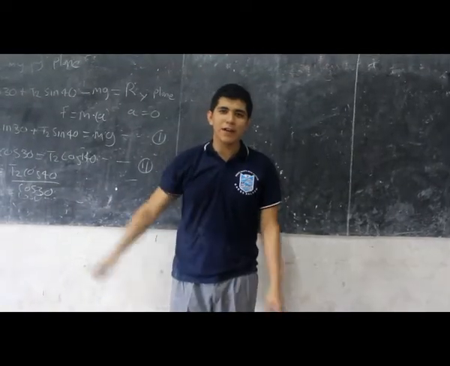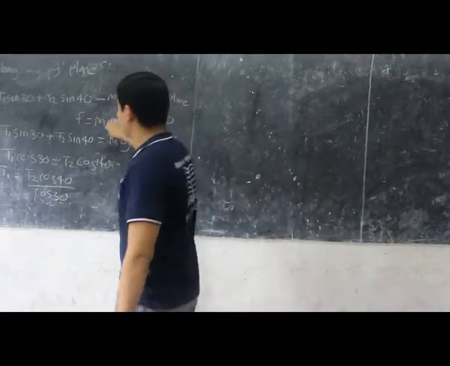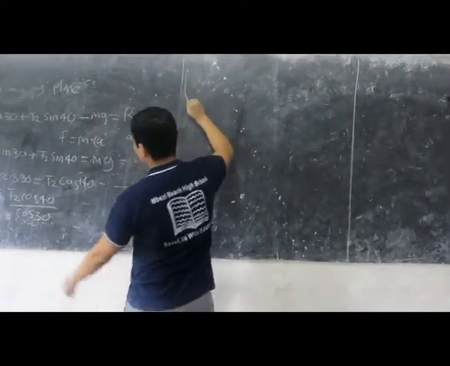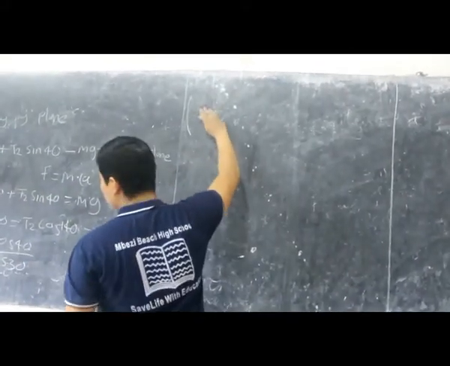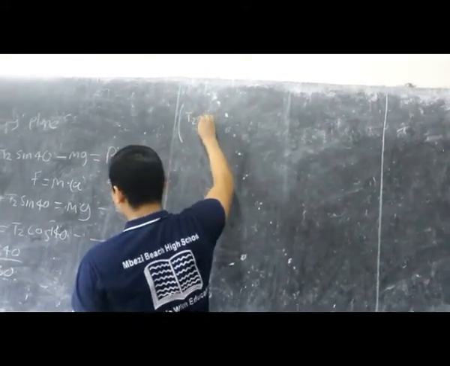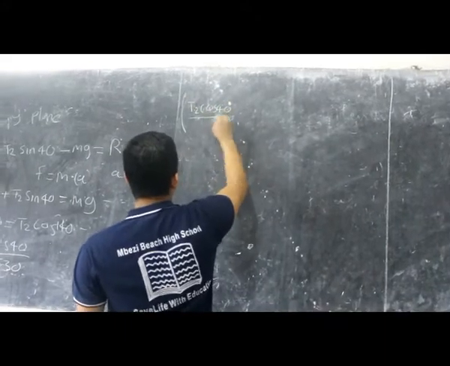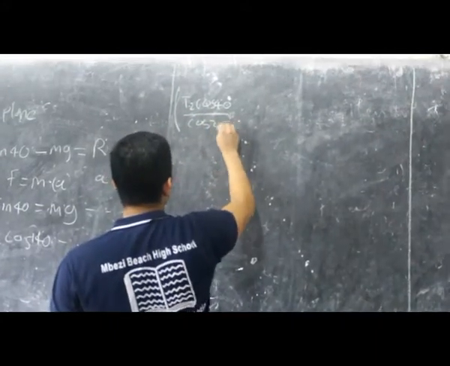Now if we substitute the value of T1 into my first equation, T1 is T2 cos of 40 over cos of 30.